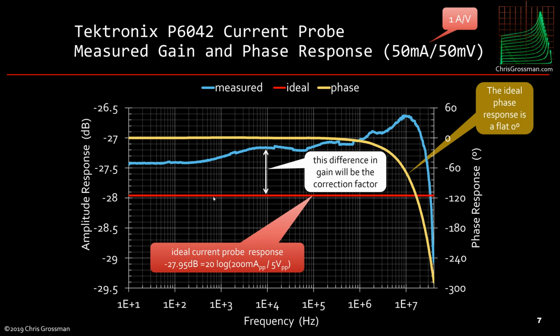And if I look at what I'm getting from the current probe, I see that in fact the gain of my current probe is a little higher than what I expect. And since it's in the denominator, that means the value of the current is showing up as a little bigger than it is. That would make the impedance measure a little low, which is what I saw.